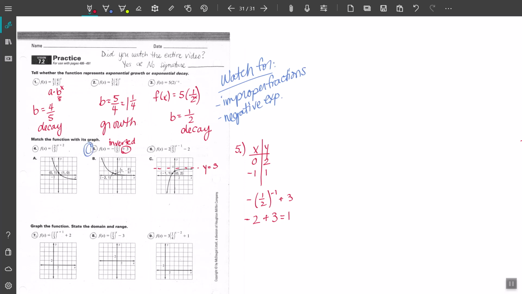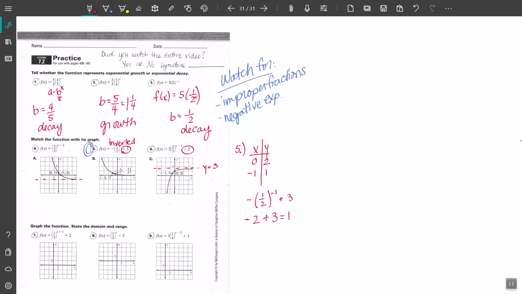If we use the k value in number 6, right here we have a k value of -2. If we are looking for an asymptote at y equals -2, we see one right here.